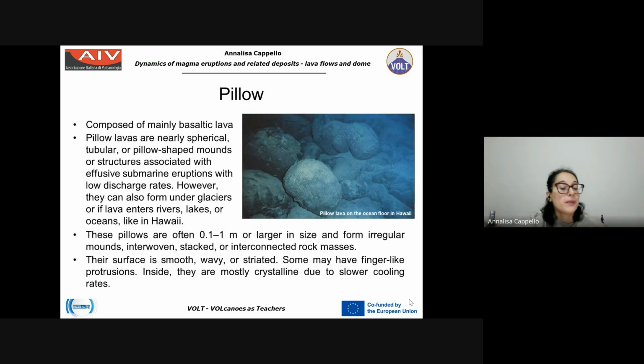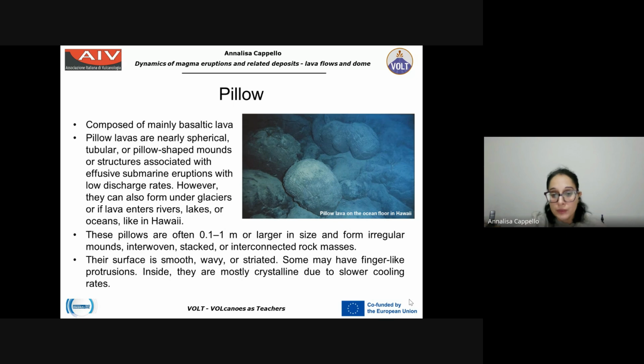Pillow lava. They are composed mainly of basaltic lava. They are like spherical or pillow-shaped mounds, which are generally associated with submarine eruptions with low discharge rates, so low effusive rates, even if they can also form under lakes or in oceans, like in Hawaii.